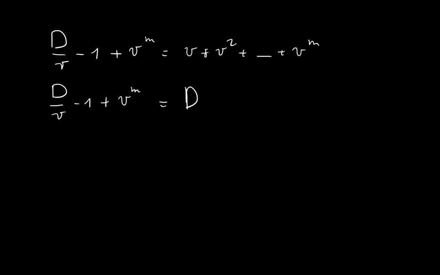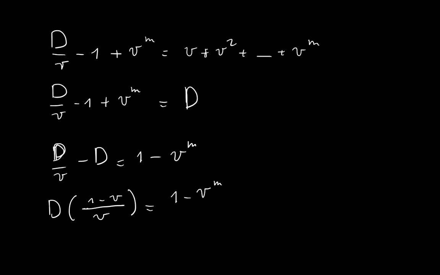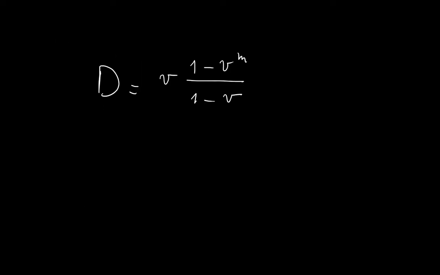We put d to the left hand side and v power m minus 1 to the right hand side. We simplify the formula, and we get our mathematical formula for the denominator, which is an application of the geometric series.